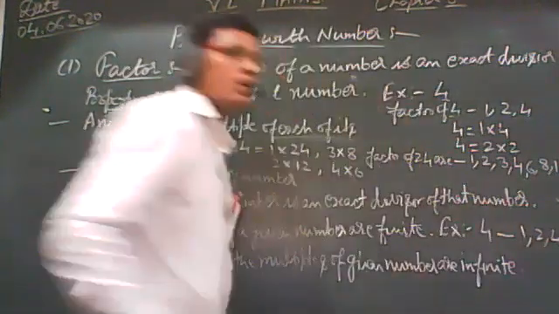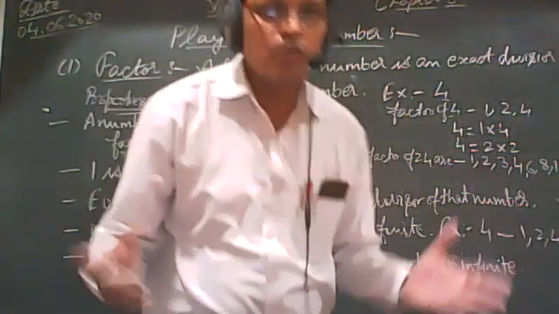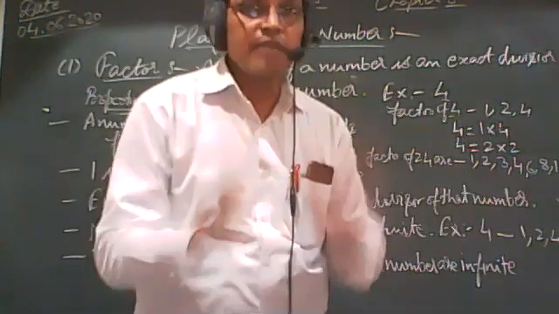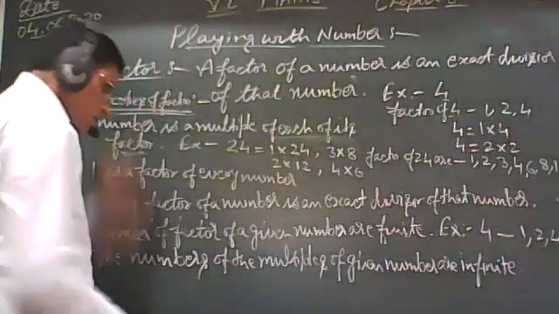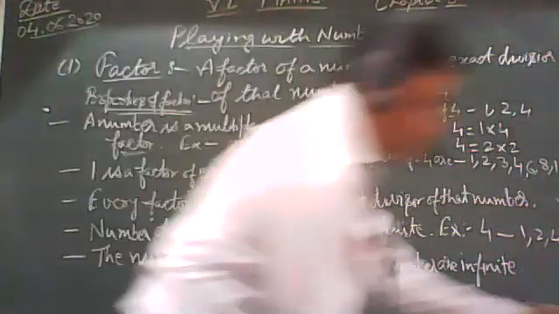Infinite means you cannot count them. You cannot count an exact number. For example, multiples of 5.